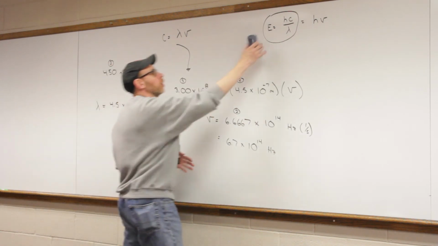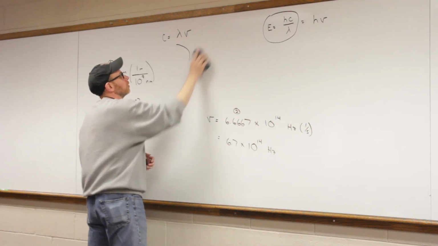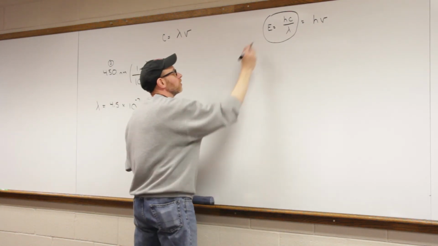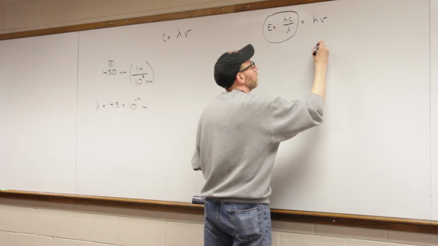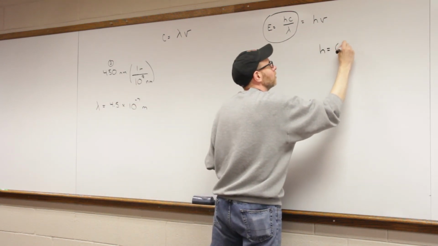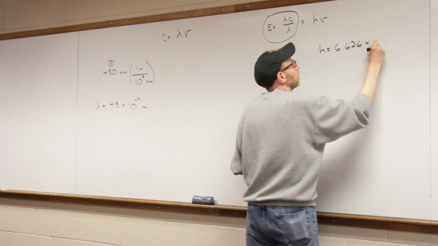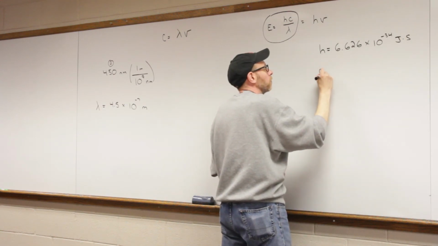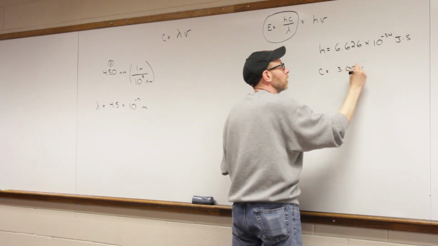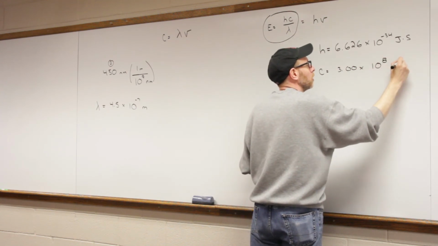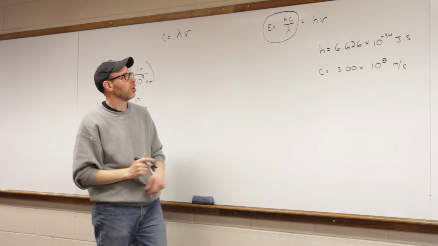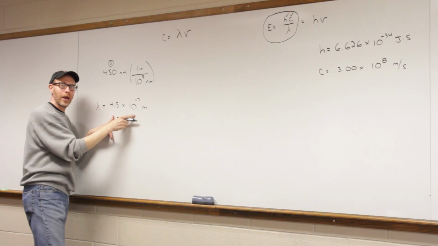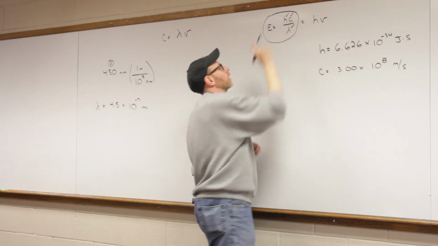Now, what I want to do is move on to calculating the energy. And so I said, all right, I'm going to use energy equals Planck's constant times the speed of light over lambda. Remember, Planck's constant, 6.626 times 10 to the minus 34th joule seconds. And remember, speed of light, we just used 3 times 10 to the 8th meters per second. So I've got Planck's constant, I've got my speed of light, I know what the wavelength is, so I can calculate the energy.